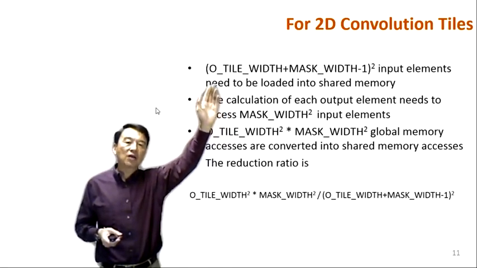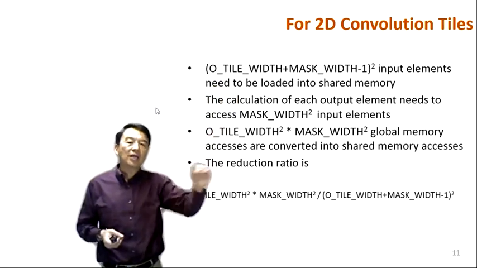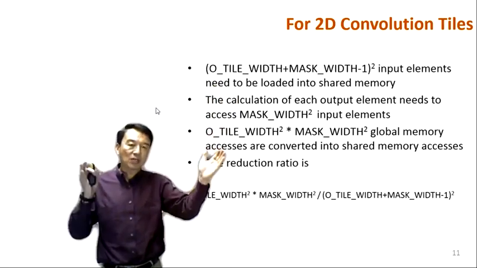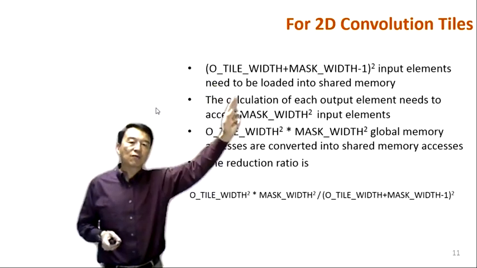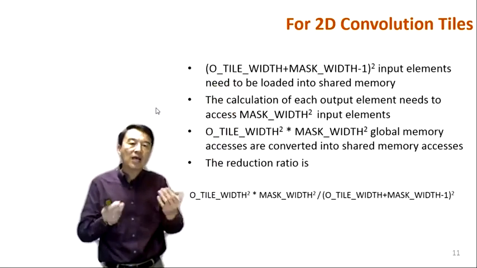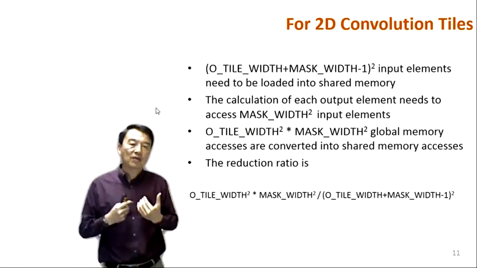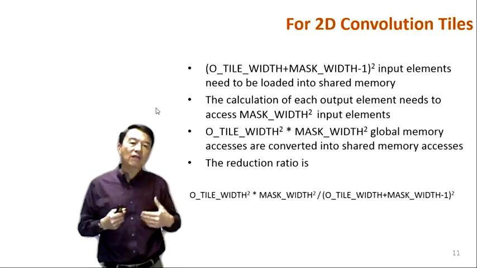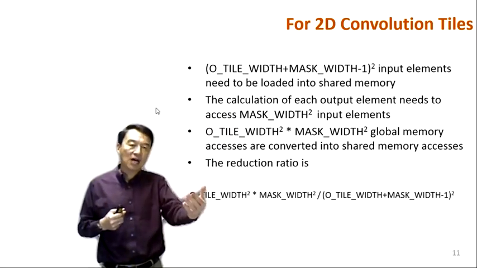We will need to have output tile width plus mask width minus 1 width for the input tiles. If we take the square of that, that gives us the total number of input elements that need to be loaded into the shared memory. So this is the memory accesses that we still need to do after with the tile algorithm.